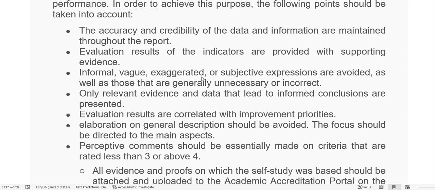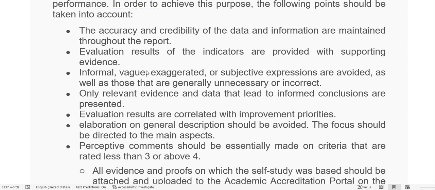So the collected data should be accurate and correct. Evaluation results of the indicators are provided with supporting evidence. All key performance indicator results should be provided with evidence, with samples of surveys, with data, the sources of data, and so on.